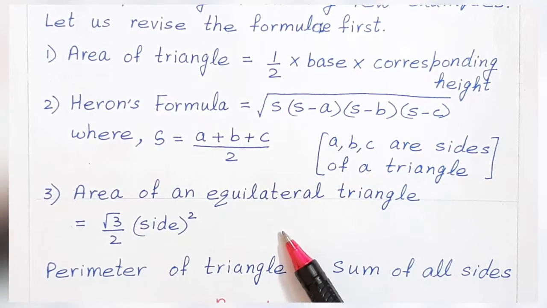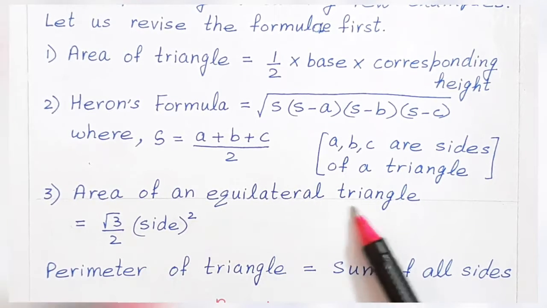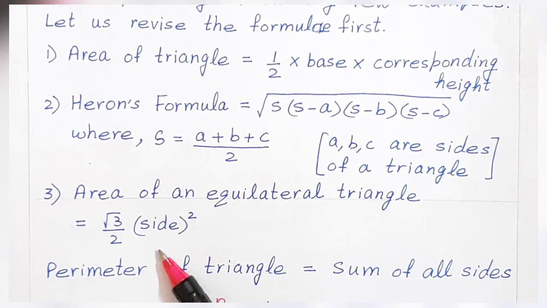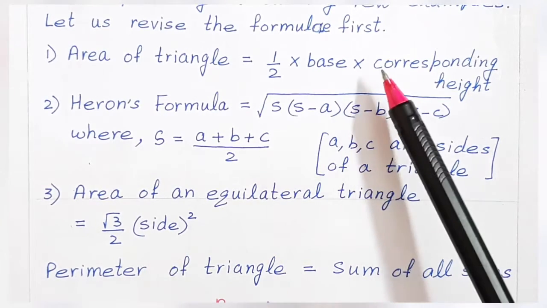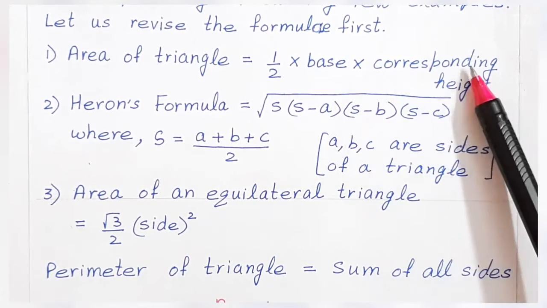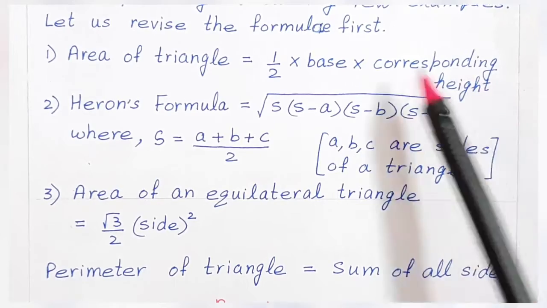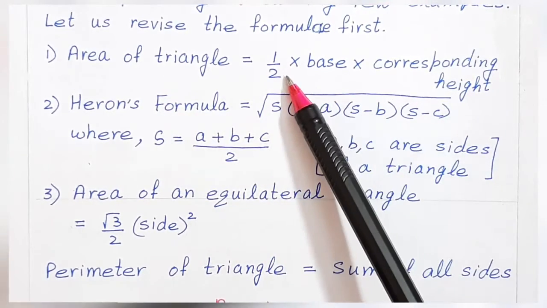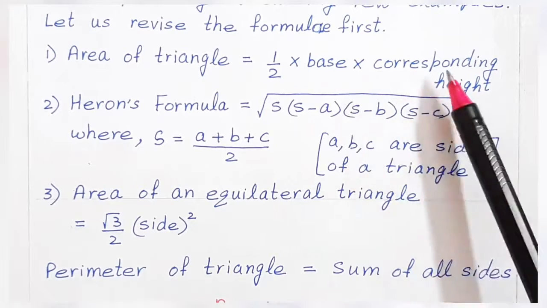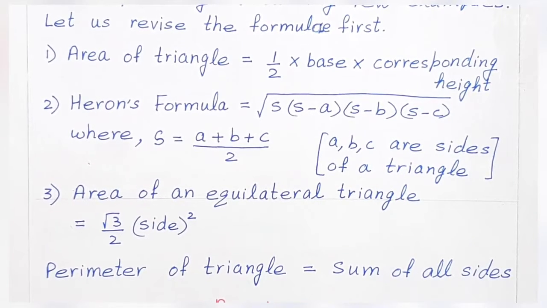If all the three sides are equal, then we can apply equilateral triangle formula. And if one base and corresponding height is given, then we apply this formula, that is half into base into corresponding height. I hope it is clear to everyone now.